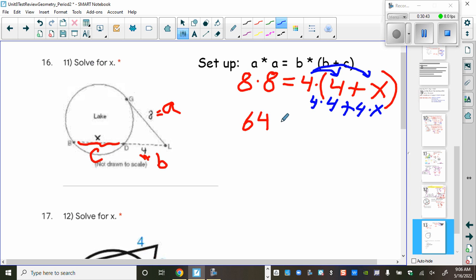So we have 4 times 4, 16. And then what's 4 times x? It's just 4x. So we have 64 equals 16 plus 4x. Now, are you at a point where you can solve for the x? Can we solve for x with this problem?